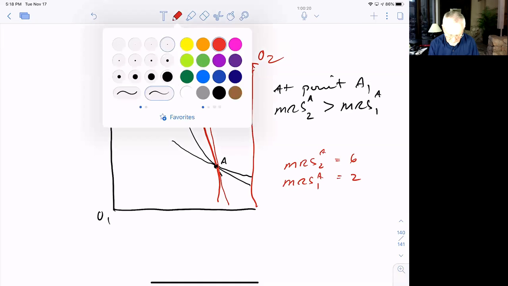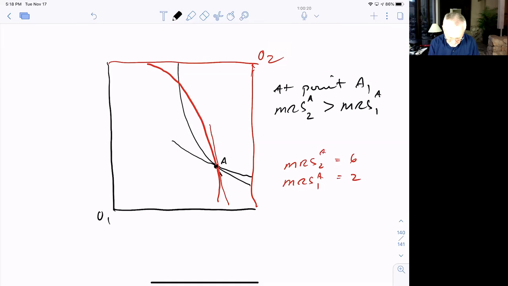And as a consequence of making that trade, let's say we move up to here.